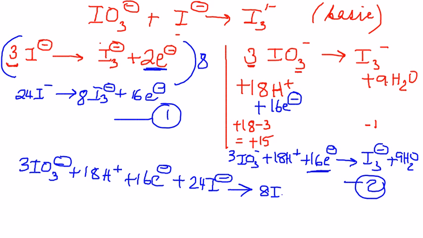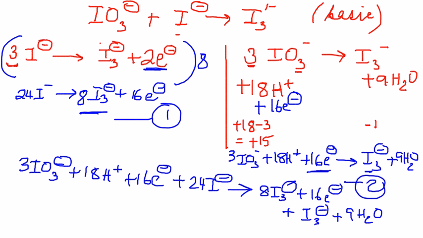8 I3 minus plus 16 electrons, plus 8 I3 here, 1 I3 from here, so that is going to be 9 I3. I'm just writing right now to show you where we are going with this. So the 16 electrons and the 16 electrons cancel off.